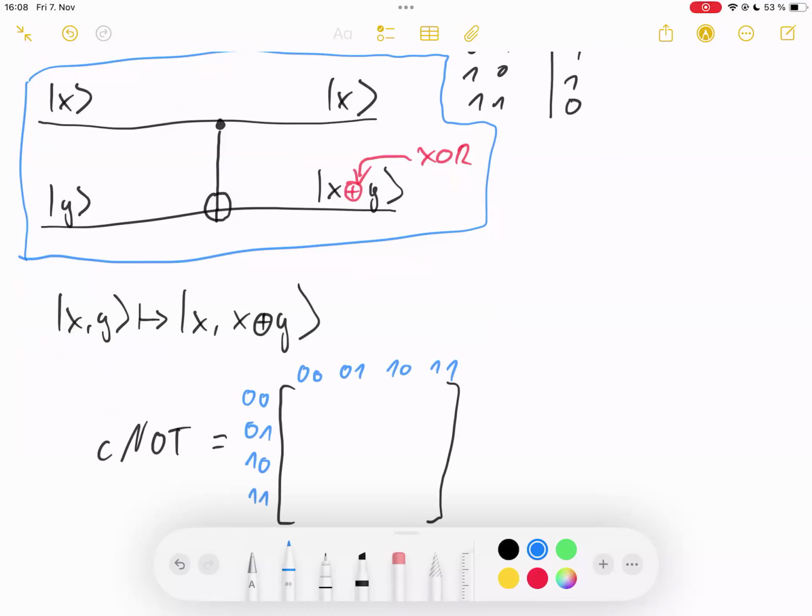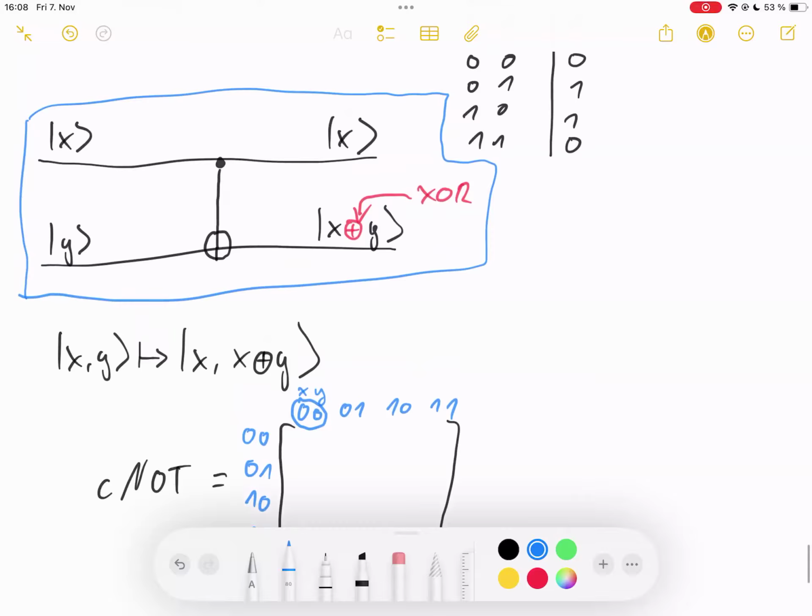If I have my input 00, the first 0 just stays where it is, because the first one here is the X and this is the Y. And X just stays as it is. And the Y may change or not, but it's the XOR, and 0 XOR 0 just stays 0.